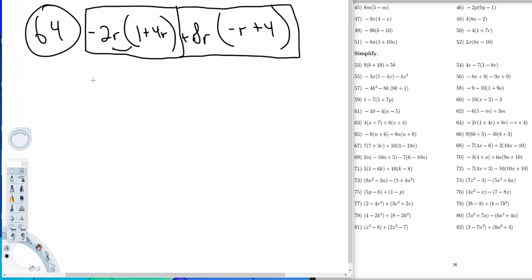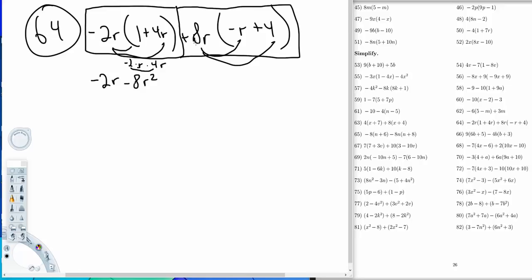So, once again, I'm going to show what we're doing here. Minus 2r times 1 equals minus 2r, right? Anything multiplied by 1 is the same thing. Minus 2r times 4r, which is really saying minus 2 times r times 4 times r, which, if you multiply these two, is minus 8r squared, right? Because r times r equals r squared.